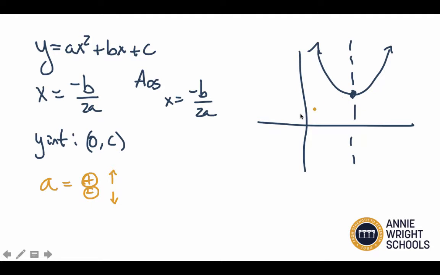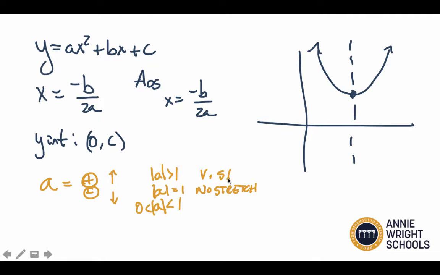For this one, I've drawn a default that the a value is positive. And then if the absolute value of a is bigger than 1, or the absolute value of a is between 1 and 0, that tells you what kind of stretch the graph has. Now, if the absolute value of a equals 1, then it has no stretch. When we talk about things being stretched, we're comparing those to something else.